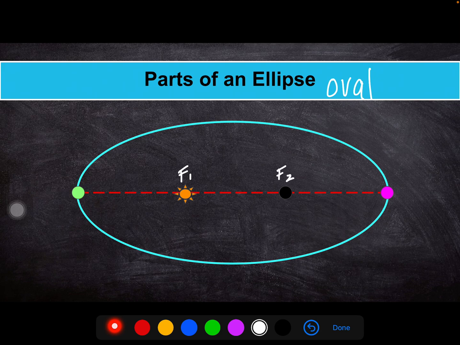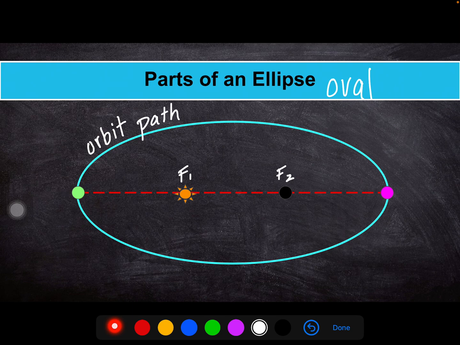And of those 2 focus points, one always needs to be the object that the planet is going around. So in this case here, we have our sun. And then the second focus point is that imaginary, or really better word is mathematical second point that creates the elliptical shape that we see. As that ellipse is then created, this becomes the orbit path for whatever the planet is orbiting that sun.